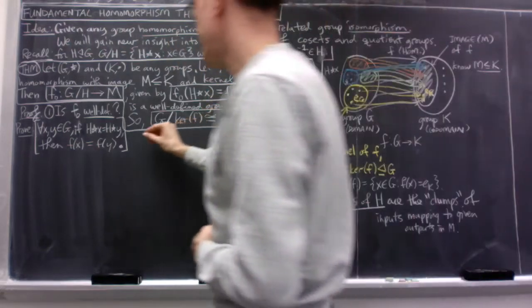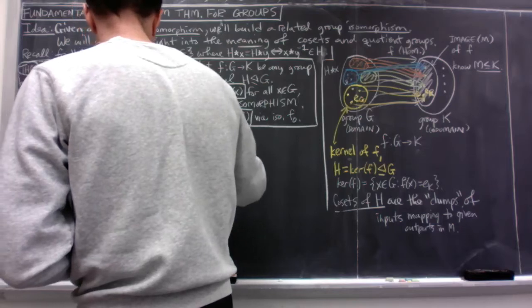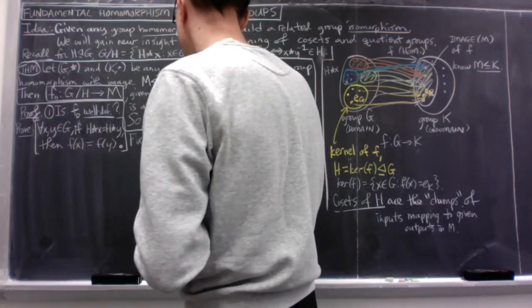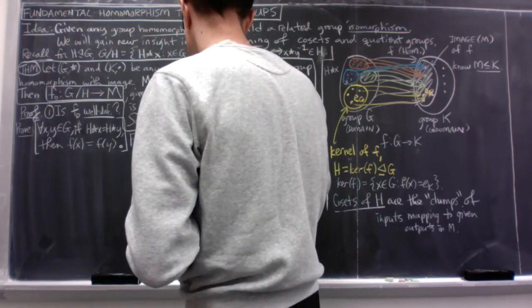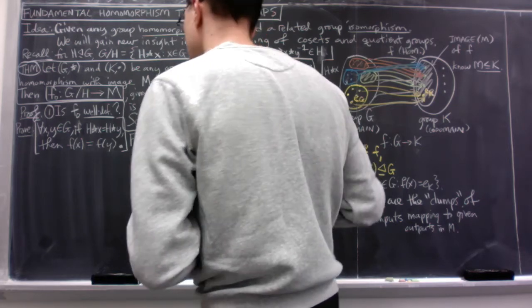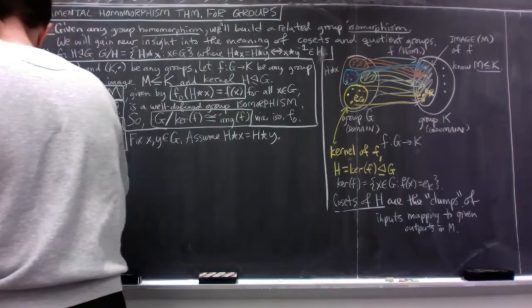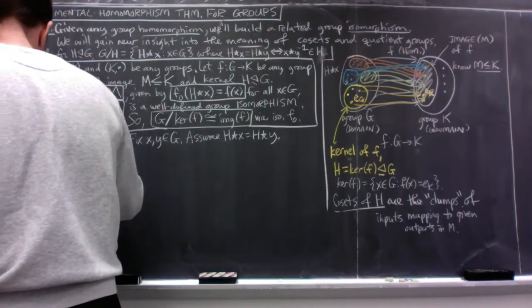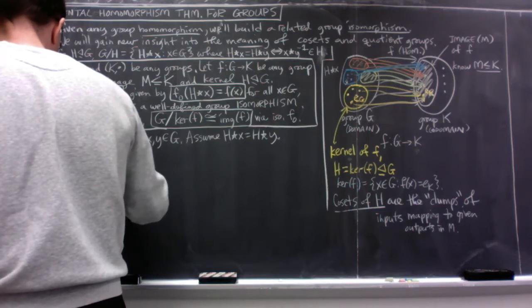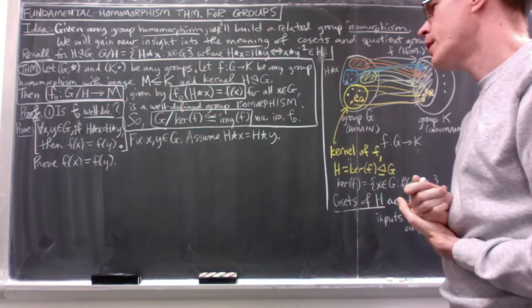All right, so let's fix arbitrary x, y, and g. Let's assume H star x is equal to H star y. And let's prove that F of x is equal to F of y. All right, now let's see.